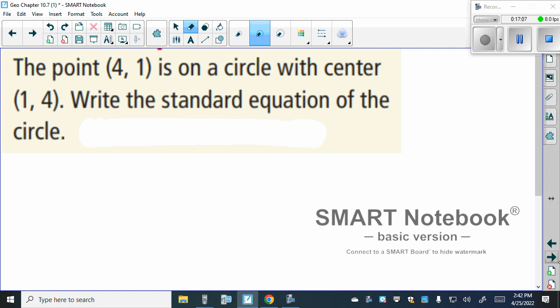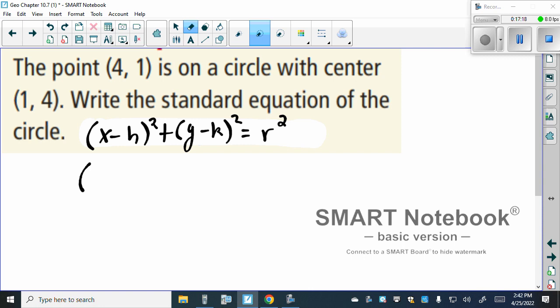Okay, so we're going to have to do the same thing again. Now we can go on and plug in the points for h and k. The h value for our center is what? And the k value is?